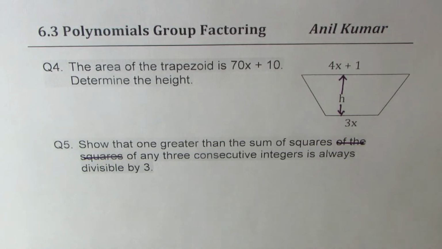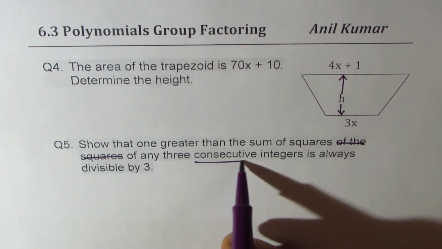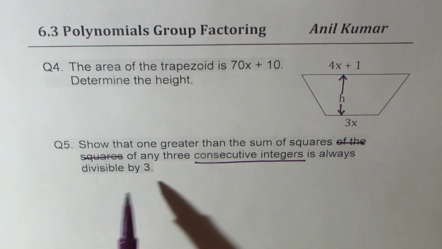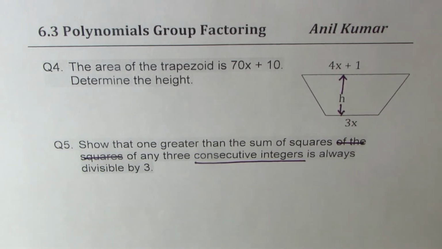There's a typing error, so let me rewrite. Consecutive means the numbers which come together, right? So try these questions and then look into my suggestions.